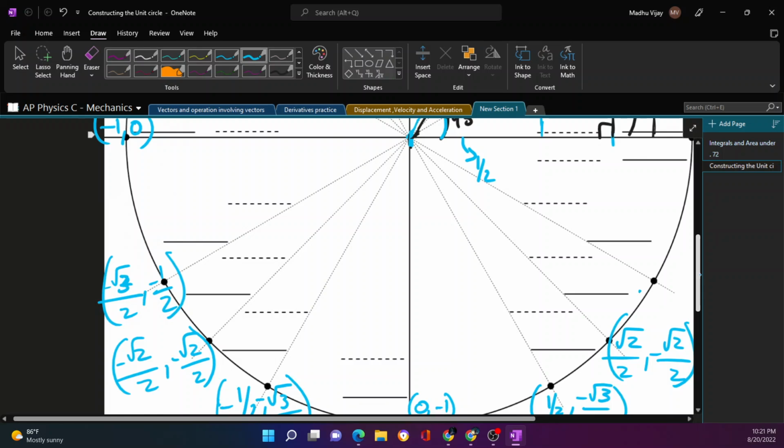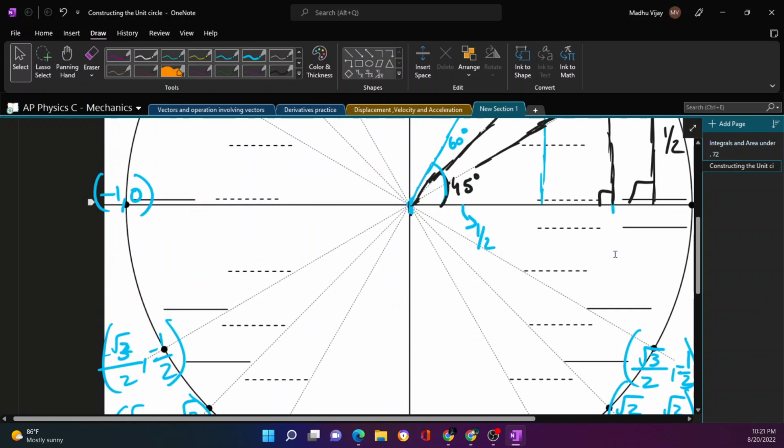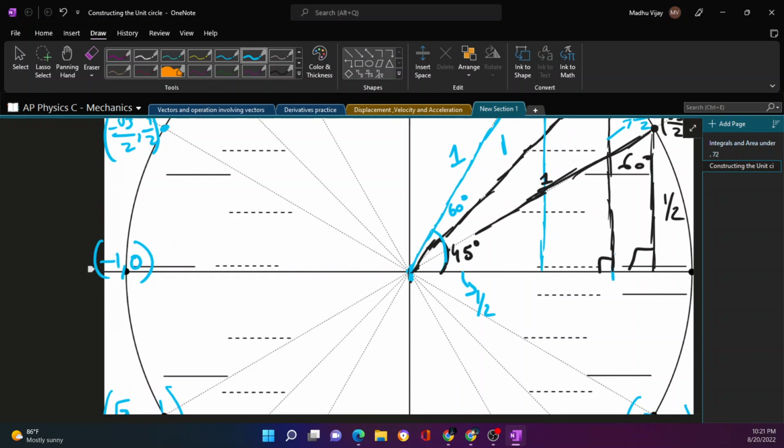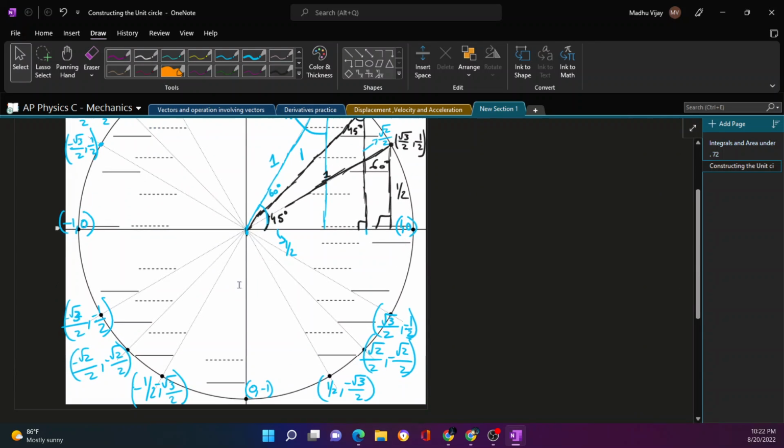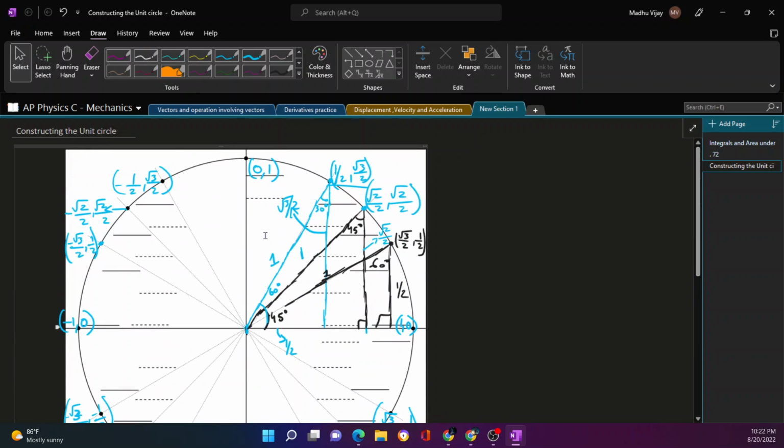So this is going to be square root of 3 over 2 comma negative 1/2. And we're done. We're back to 1 comma 0. And yeah, that's pretty much how you get all your coordinate values for the unit circle.